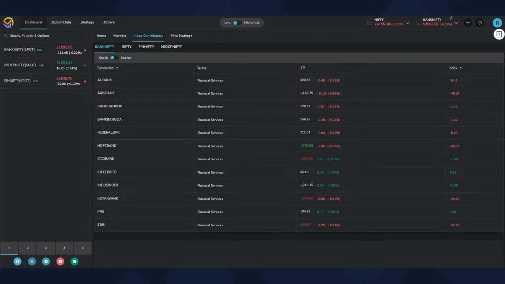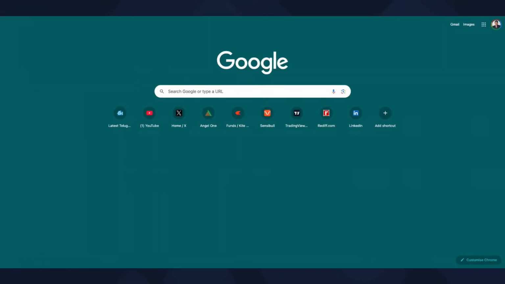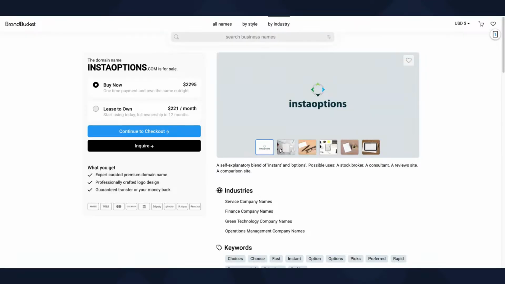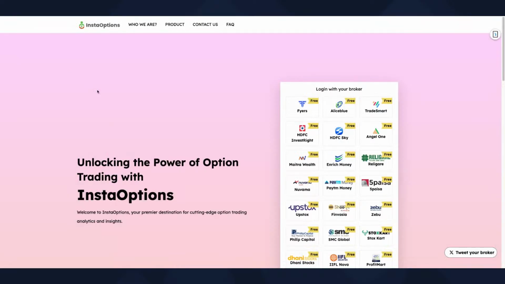I think it's probably instaoptions.com, or .in, I think. All right, so log in with your broker.